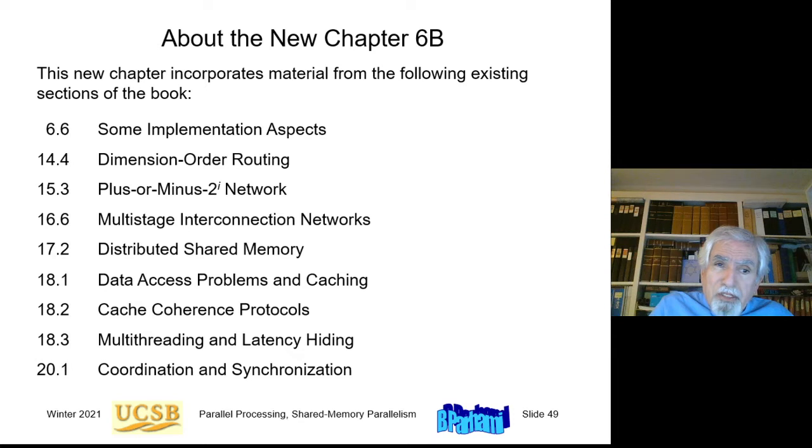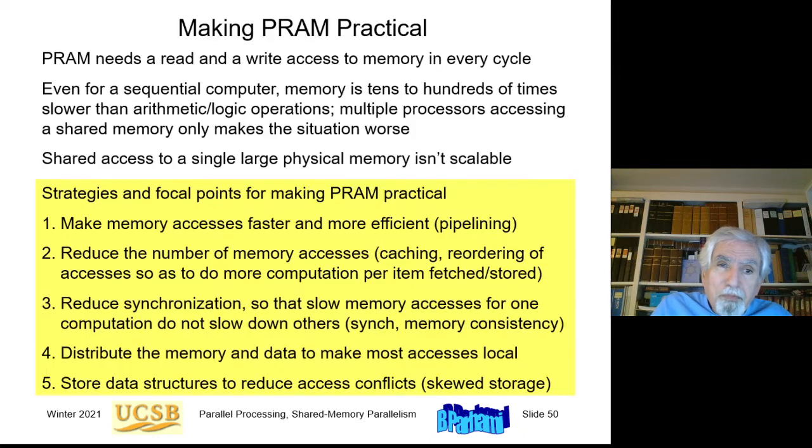So these are the various chapters 14, 15, 16, 17, 18, and 20, from which material has been moved forward to this chapter in order to put all aspects of shared memory in the same part of the revised textbook.